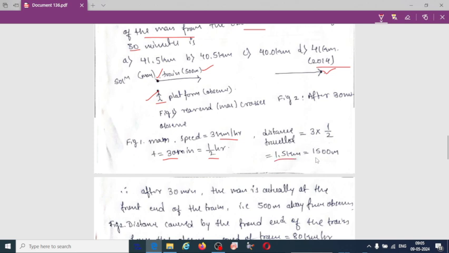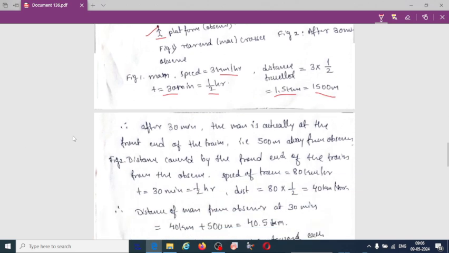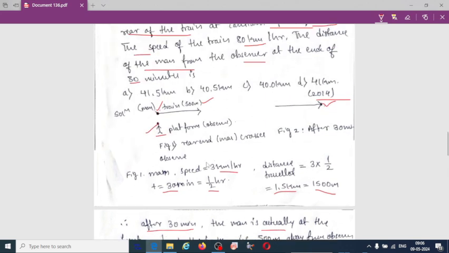Nothing but 150 meter in terms of meter. So after 30 minutes, the man is actually at the front end of the train. Okay. So after 30 minutes, we have to calculate the distance from the observer.